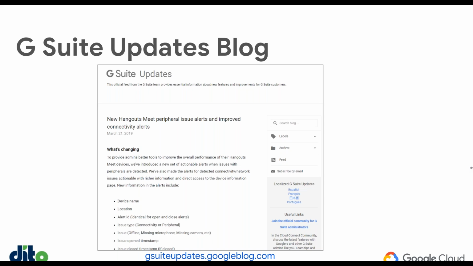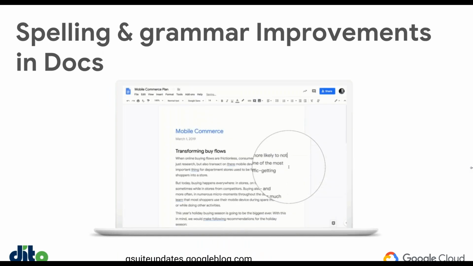In addition, the G Suite Updates blog does a recap each month. So if you want to take a look at what came in February, you can do so, and there will be a new recap for March in the next couple of days. So, great resource, wanted to plug that one right in the beginning.